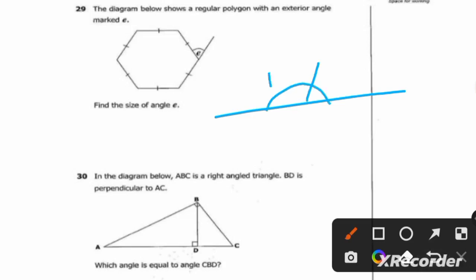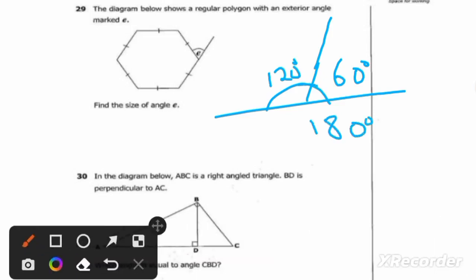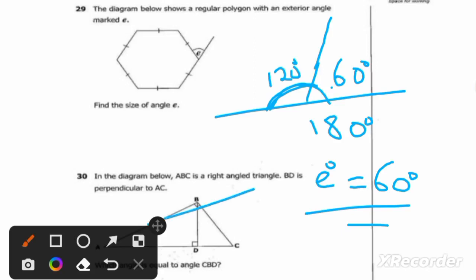So if we are having 120 as our interior angle, then our exterior angle automatically will be 60. If we say 120 plus 60, we are going to have 180. So we can also use the interior angle of a regular hexagon to find the exterior angle. Therefore, the exterior angle is equal to 60 degrees. So this is our final answer.